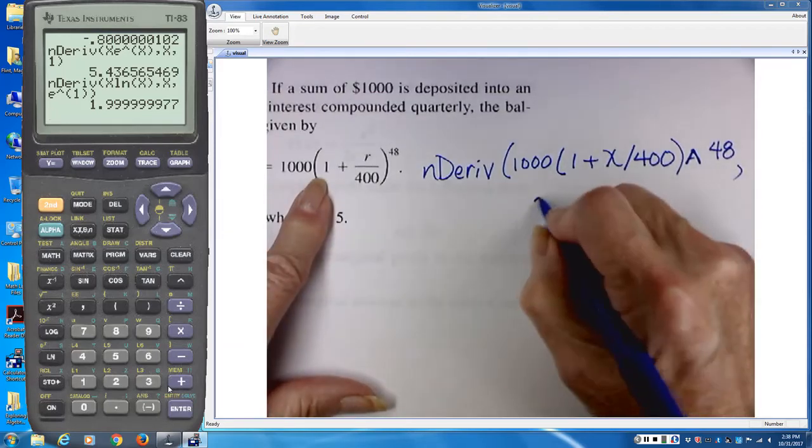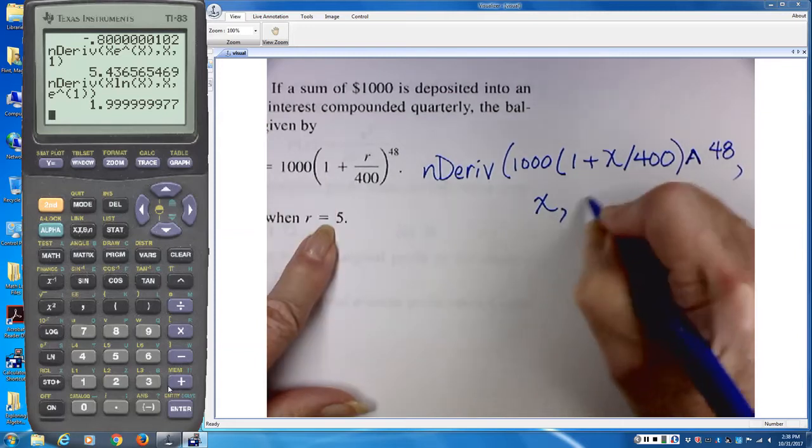Then you put a comma, then X, then a comma, and then the 5.